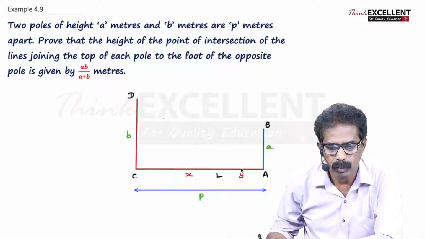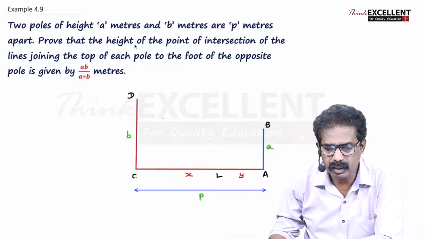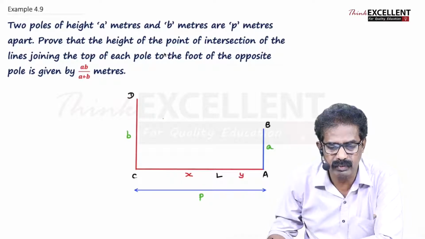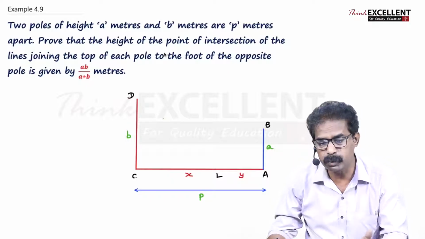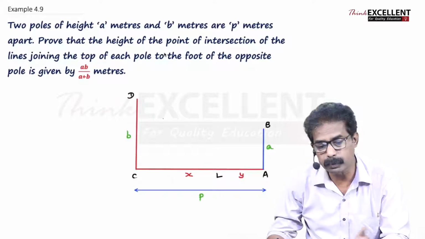P. Prove that the height of the point of intersection of the lines joining the top of each pole to the foot of the opposite pole.